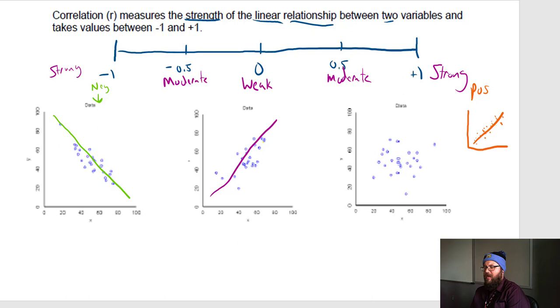So 0.5 is the actual moderate. We give or take like 0.2 either direction. So you say like 0.7 or 0.3 going in the positive, or you say -0.3 or -0.7. It's still kind of moderately weak or moderately strong, depending upon which way it is, just the 0.3 or the 0.7. Okay? That's kind of how I play it out when describing it.